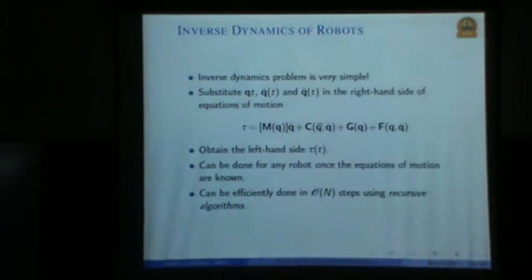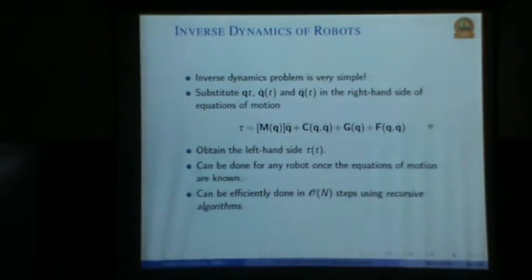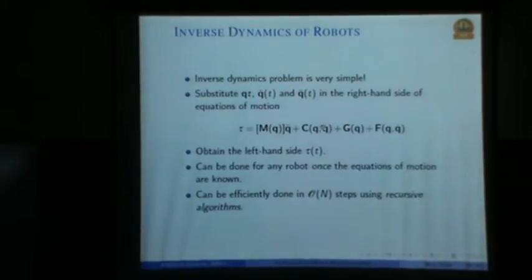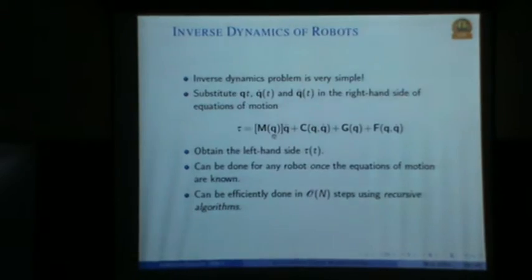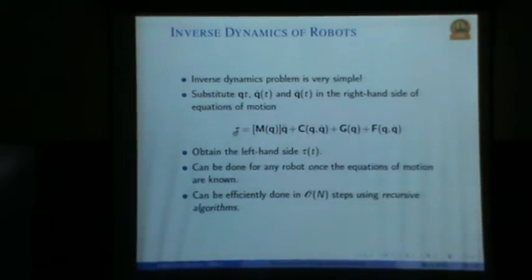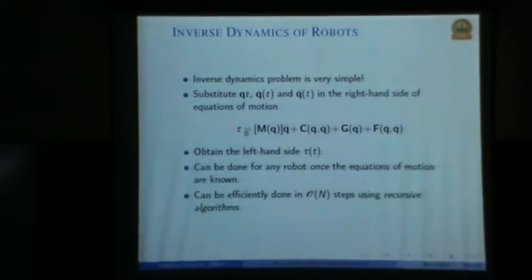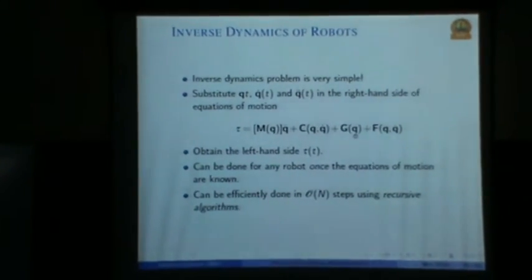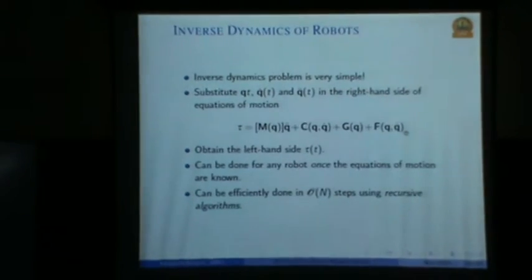This is comparable to, let's say, the gravity term, or comparable to the friction. Suppose your inertia term is 5 Newton meter, I'm just giving you a very crude example, and you find that the others are 2, 1 and 1.